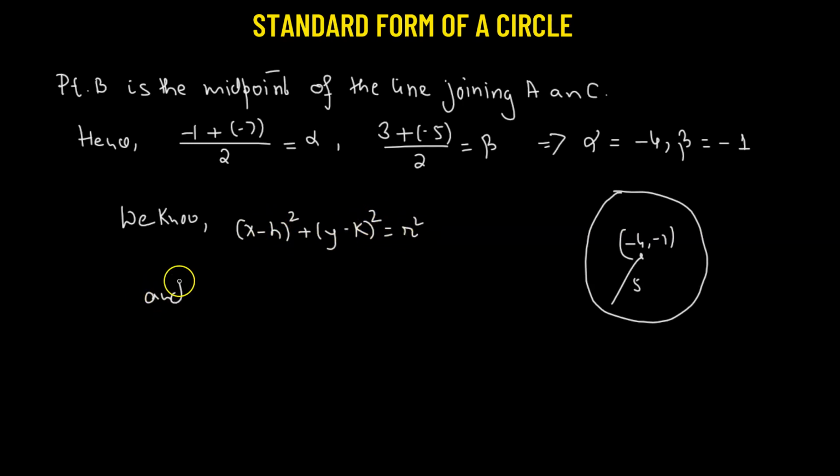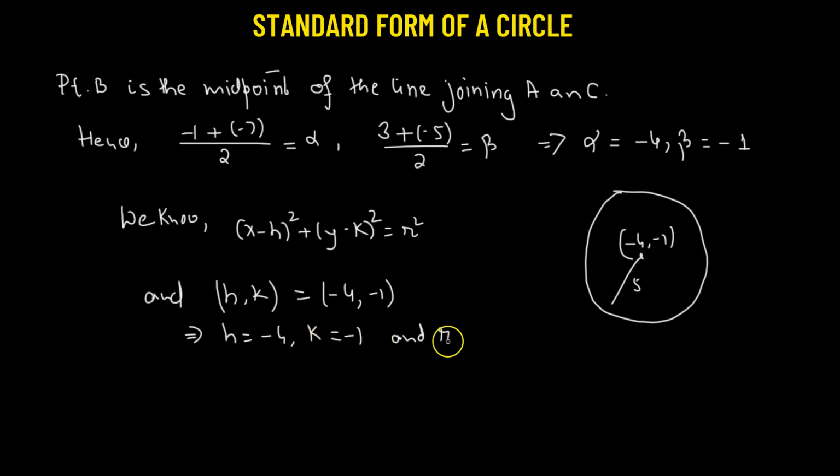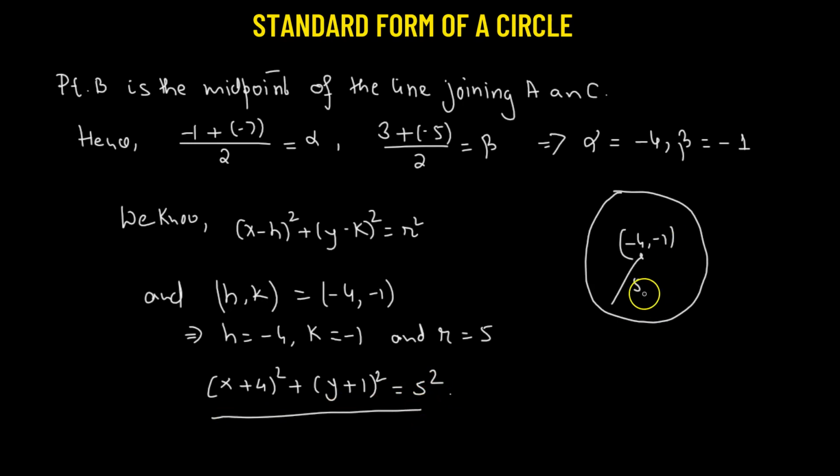So (h, k) comes out to be (-4, -1), which implies that the value of h is negative 4 and the value of k is negative 1, and the radius is 5 units. So our equation is going to be x minus of negative 4, so we have (x plus 4) whole squared plus y minus of negative 1, so that gives us (y plus 1) whole squared, and this will be equal to 5 squared, and this is going to be the equation of our required circle, the smaller circle.